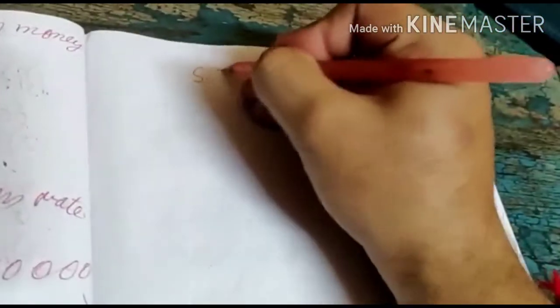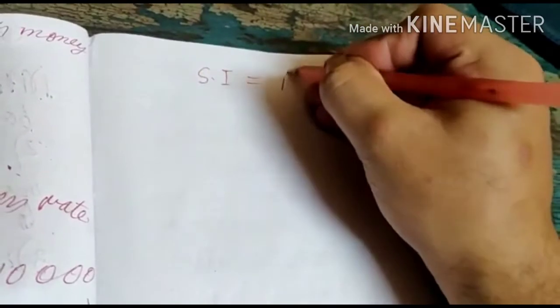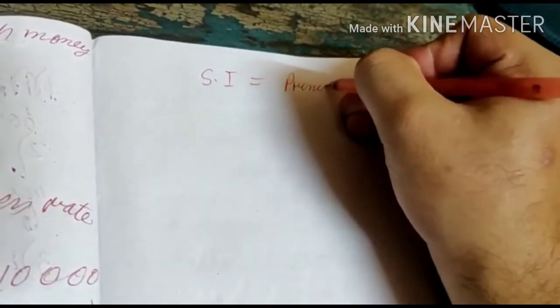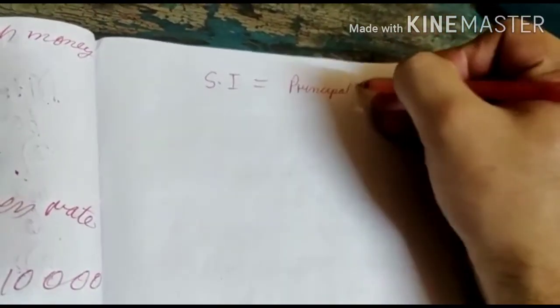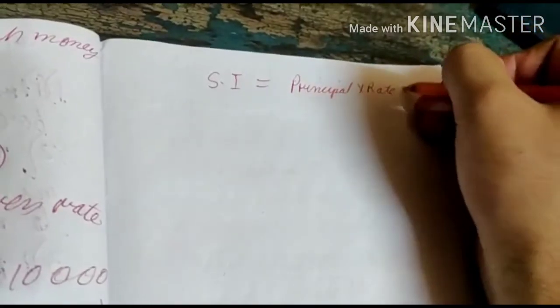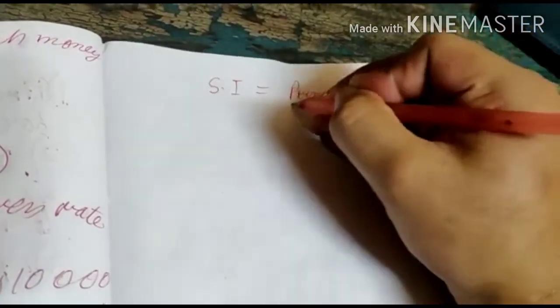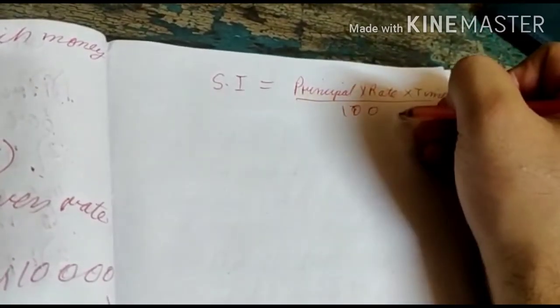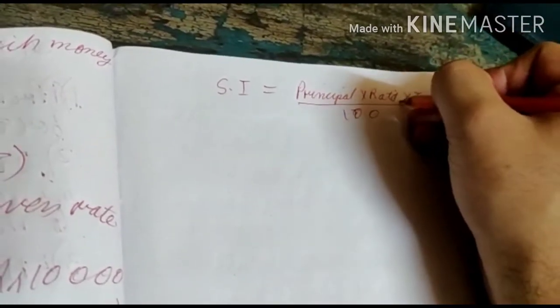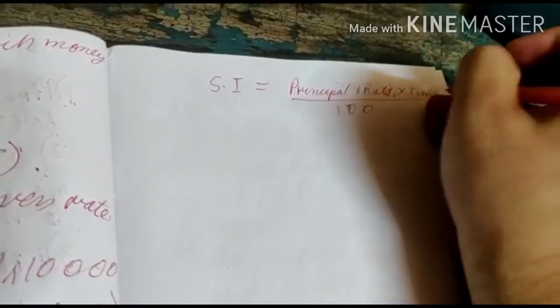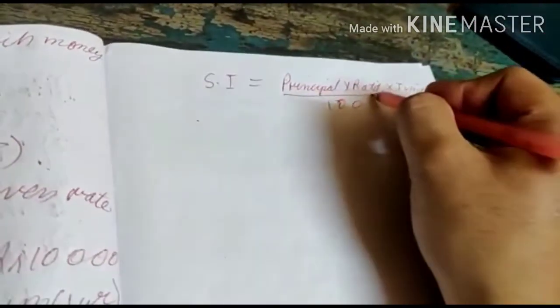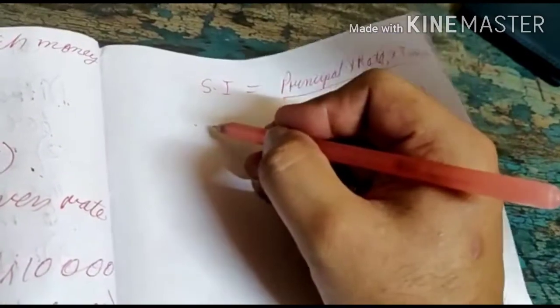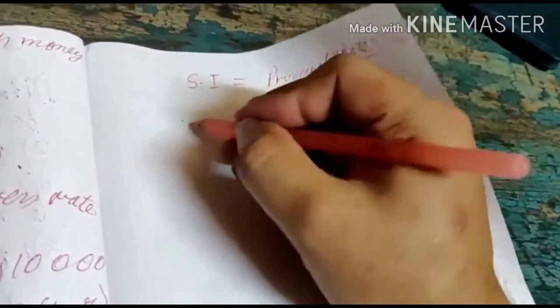So class, until now we have gone through the formula: simple interest is equal to principal into rate into time upon 100. This rate is rate percent, and the time is in years, and the rate is per year.